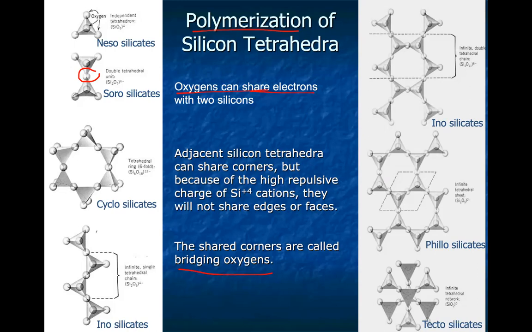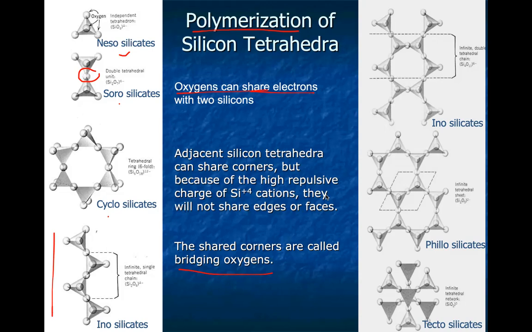So we categorize these silicate minerals into different groups: isolated ones, the nesosilicates; two connected tetrahedra, the sorosilicates; then connected in a ring-like structure, the cyclosilicates; and connections like a chain, a single chain, the inosilicates.